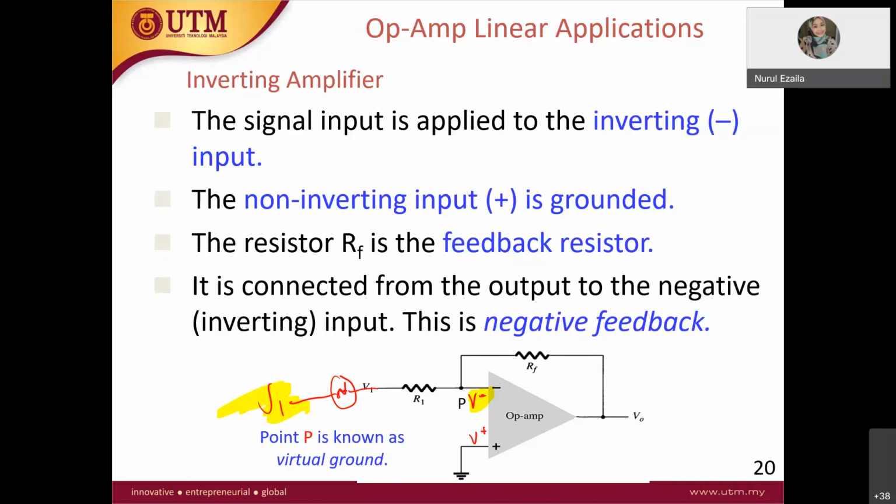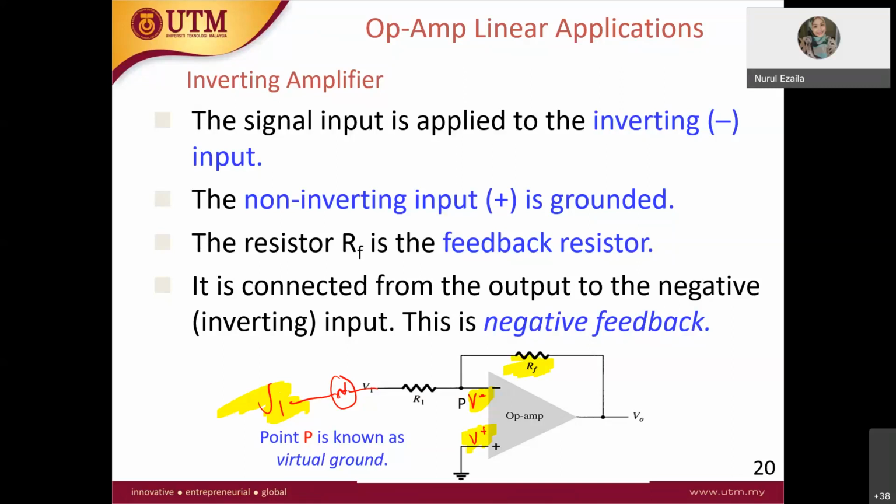In order to make this op-amp a closed loop, it has a feedback resistor, which connects between the output and the input. The non-inverting input, which is V plus, is connected to the ground.